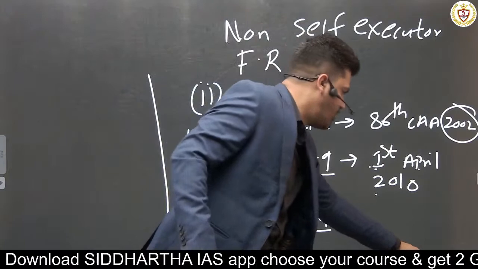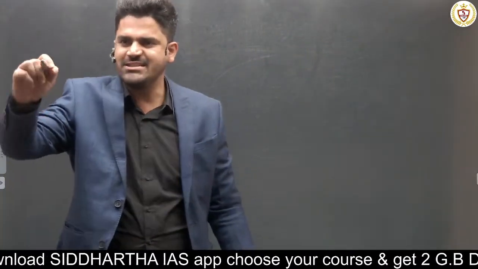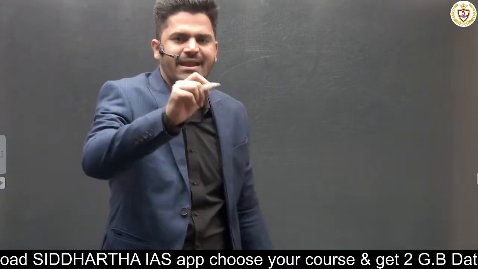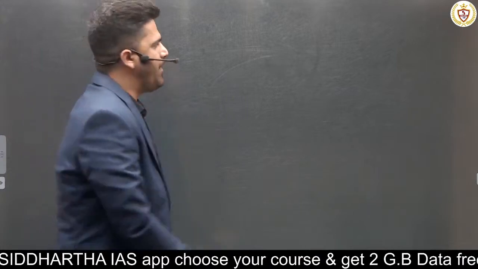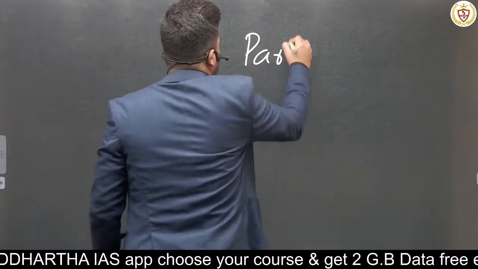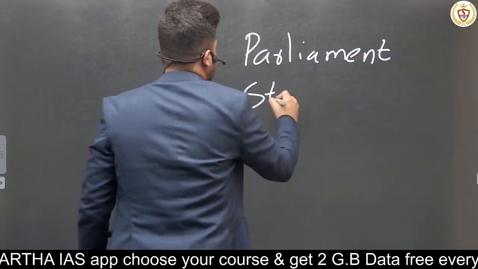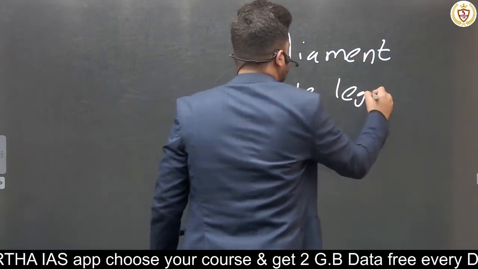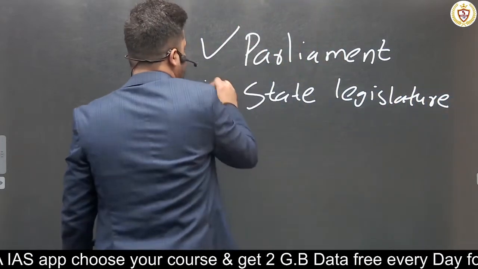Now last but the most important point I am telling you. Such a law for enforcement of a non-self-executory fundamental right can be passed only by the Parliament and not by the state legislature.